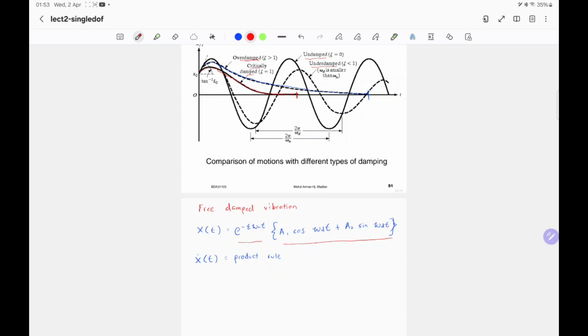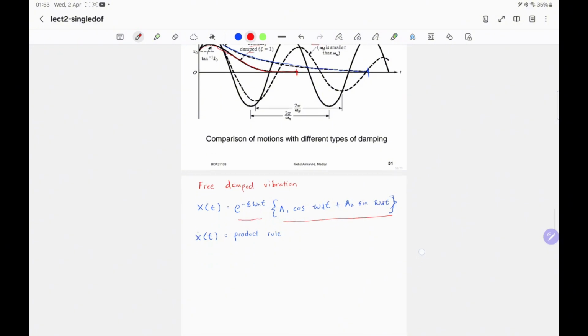If you refer back to your notes on differential equations, for those who don't have a strong fundamental in maths, please do a bit of revision on the product rule.